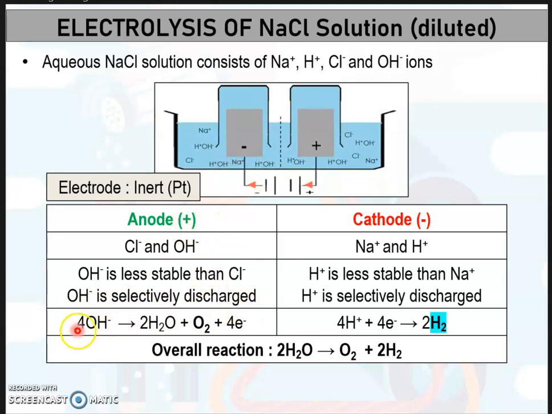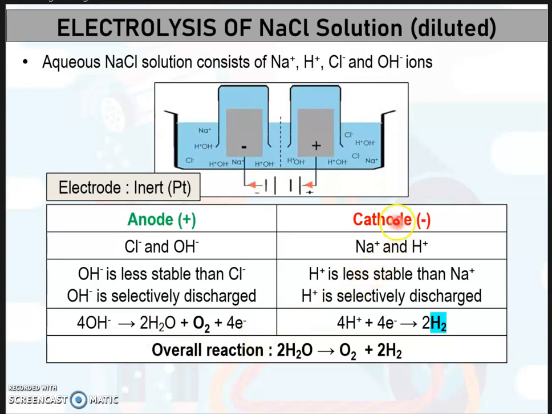So the half cell reaction for hydroxide ion is this one. Hydroxide ion will be oxidized to form 2 water molecules plus 1 oxygen gas plus 4 electrons.